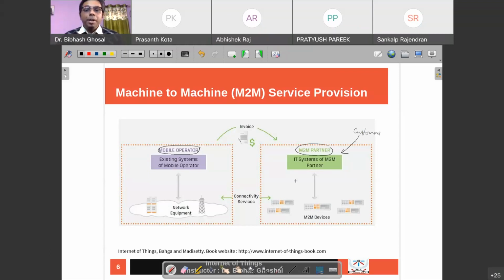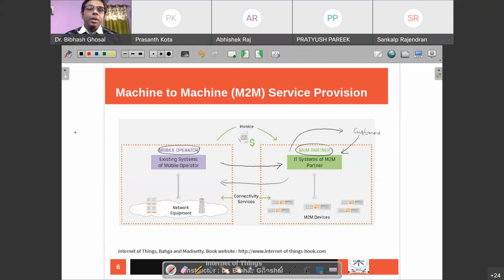But the M2M device will only be communicating to the customers, providing the services, but for connectivity purposes, it is going to use some mobile operator. So the mobile operator will be providing the connectivity, and then the services will be provided to the M2M partner, which in turn would send it to the customer.